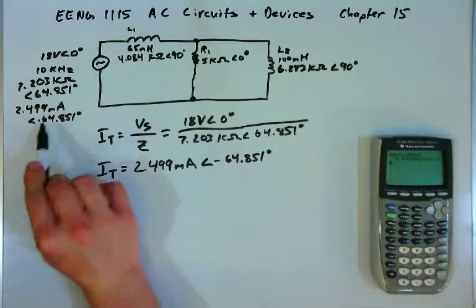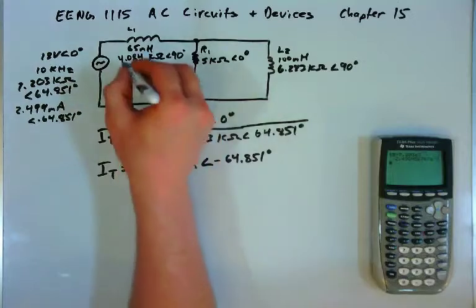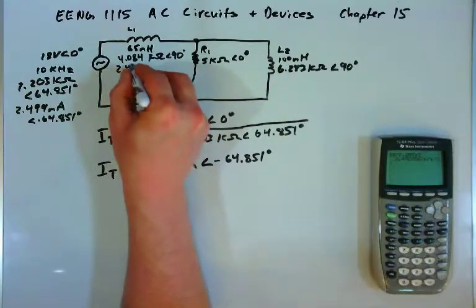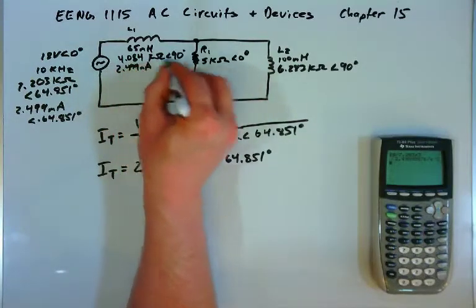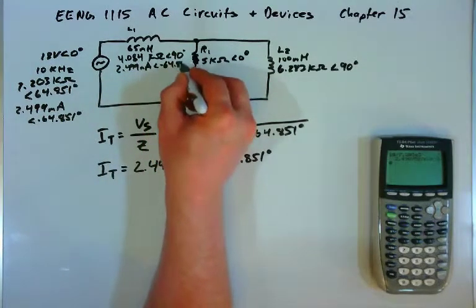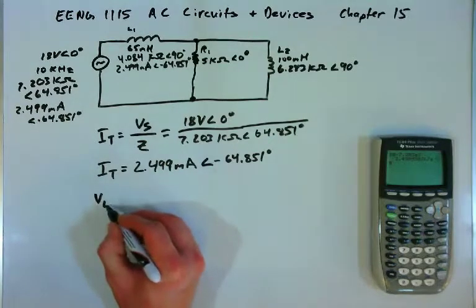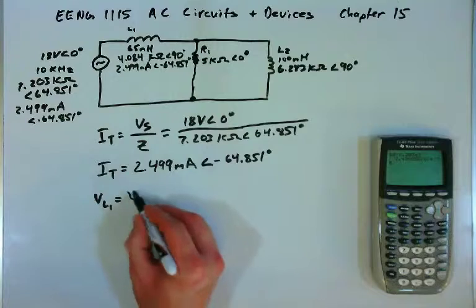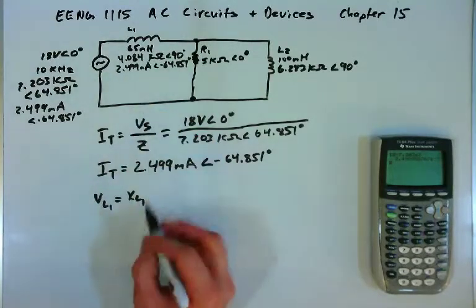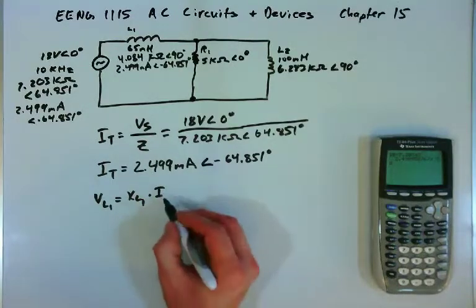Now the total current for the circuit is the same current that flows through L1. So we know the current here now, it's 2.499 milliamps at an angle of negative 64.851 degrees. Now that we know the current in L1, we can find the voltage drop there. The voltage drop on L1 will be equal to X sub L sub 1, the inductive reactance of that inductor, times the current flowing through the inductor.